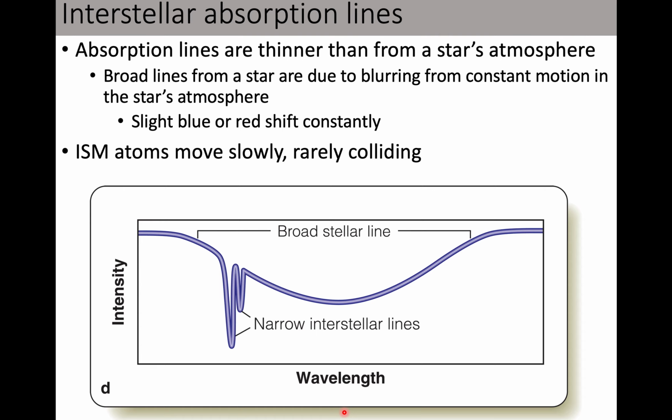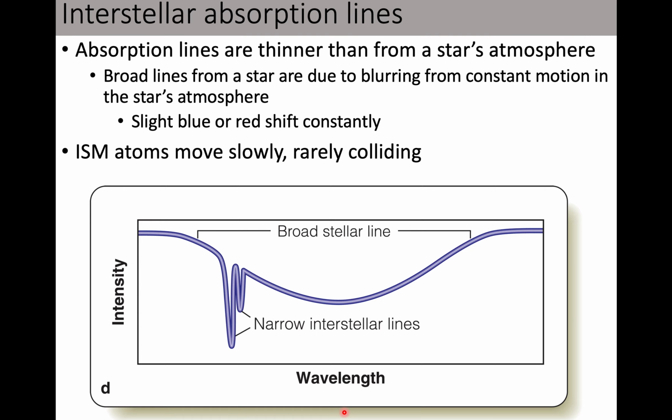And that is because there is constant motion in a star's atmosphere. So there will be a bit of blurring of the absorption line for a star. The star's atmosphere is moving, so there will be some blurring, meaning that the absorption line is going to be a little bit thicker.